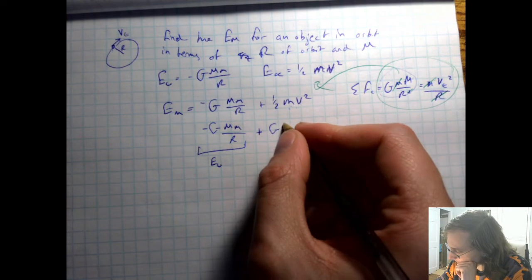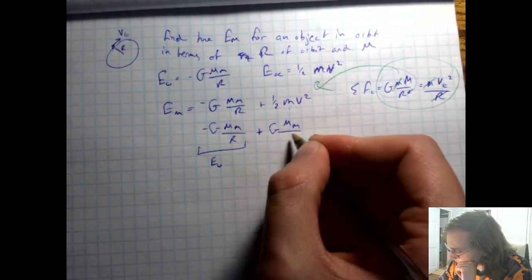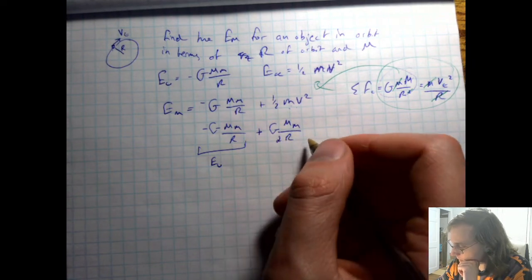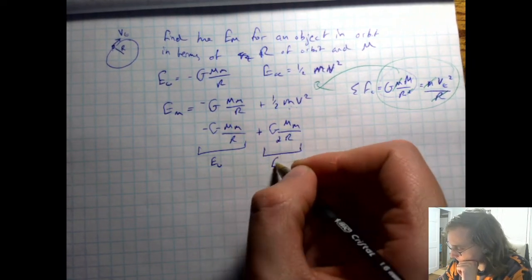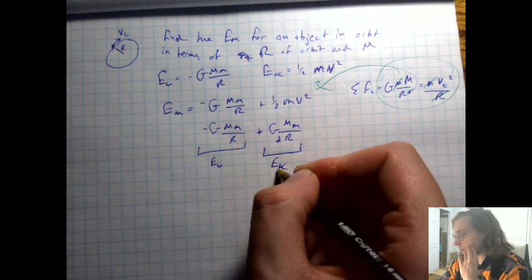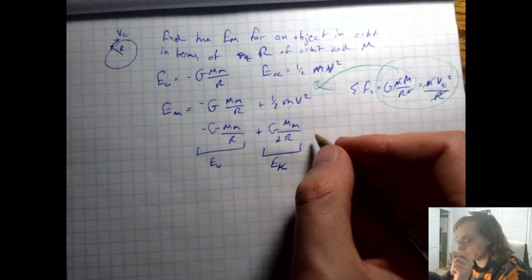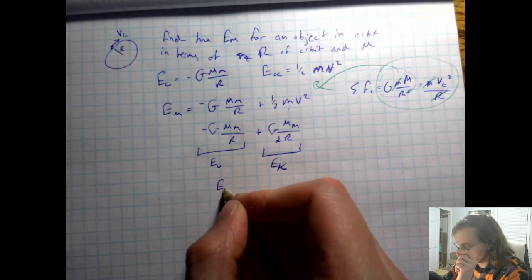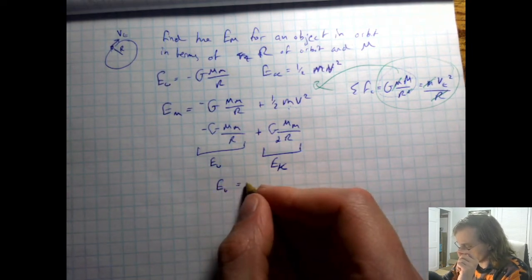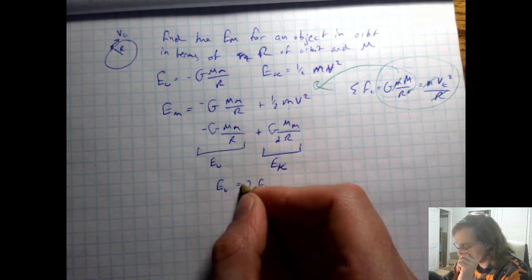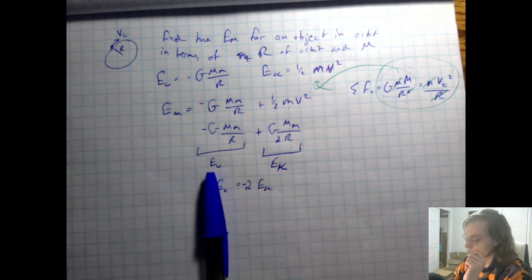So G M over r with a 2 on the bottom. What this means is that for any object in orbit, the potential energy will equal double the kinetic energy, but negative.